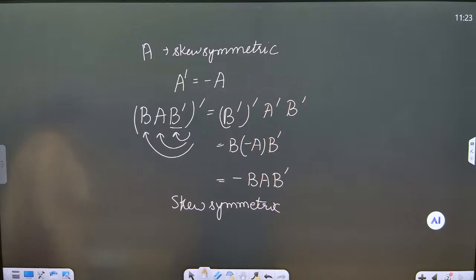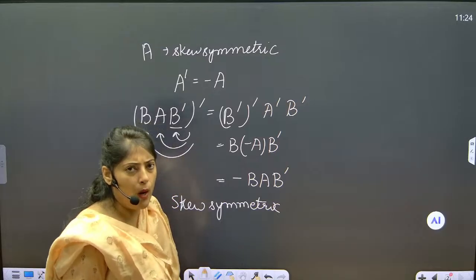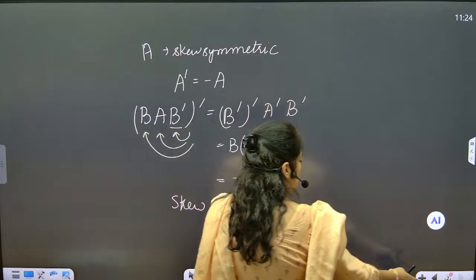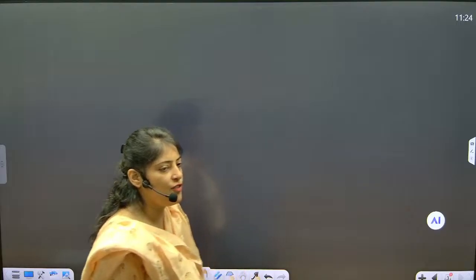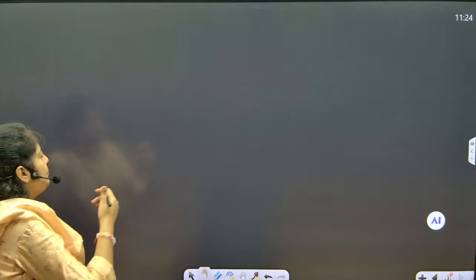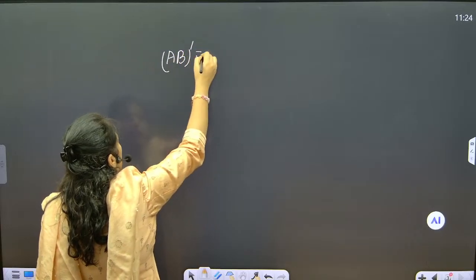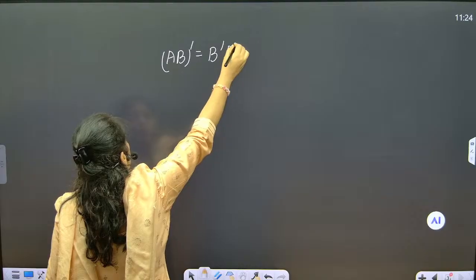Next question. Just one thing I am proving, that AB transpose is equal to B transpose into A transpose. I'll take any matrix and then we'll do it with that. AB transpose is coming out to be B transpose into A transpose.